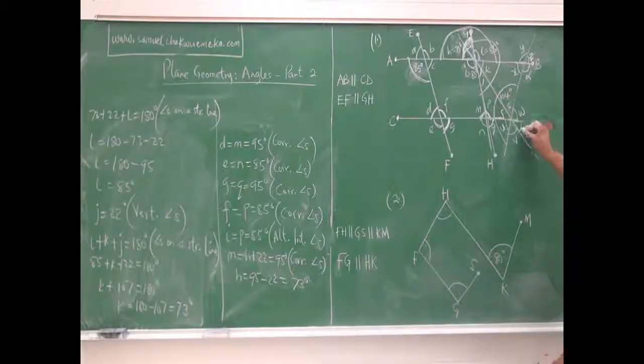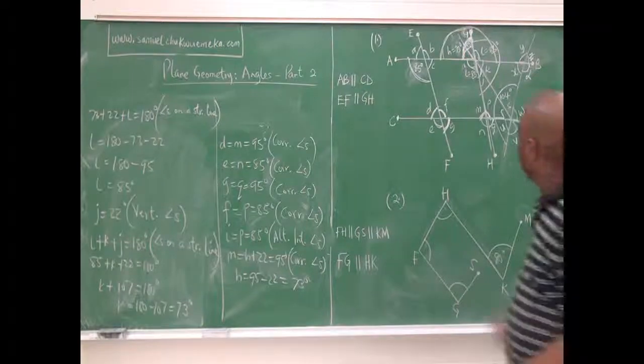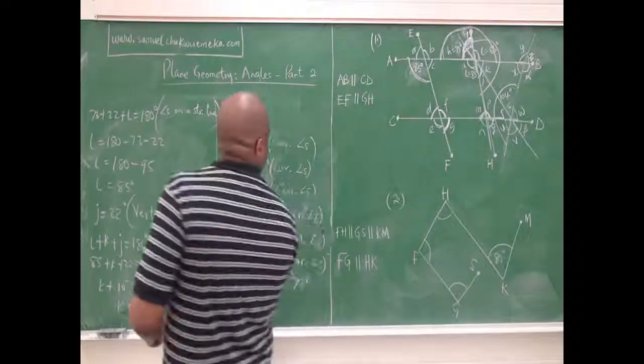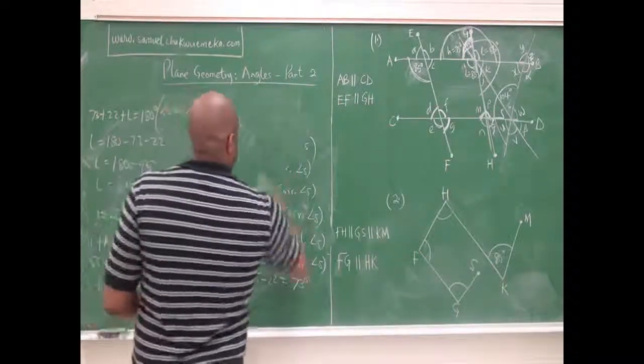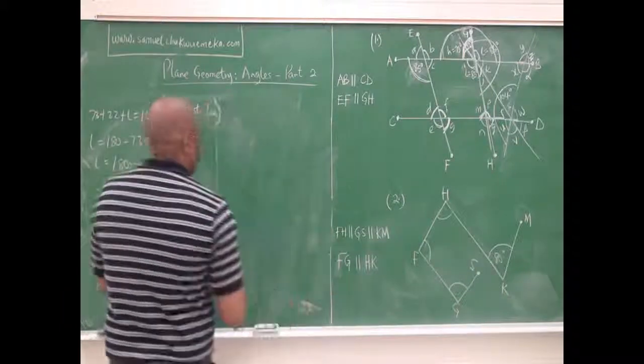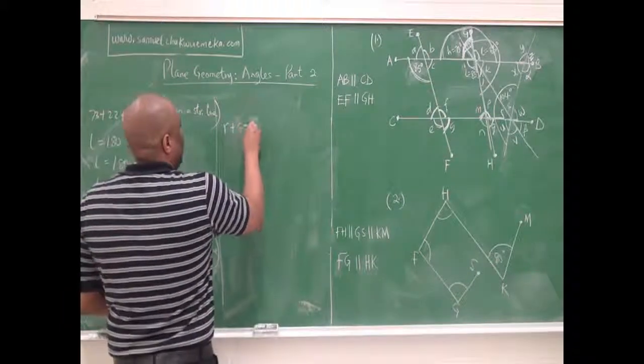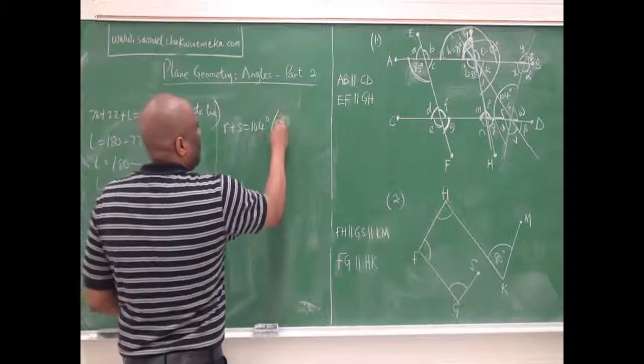And then we can find what S is. And then R and beta is corresponding as well. U and W are vertical. So R plus S is 104 degrees as shown.